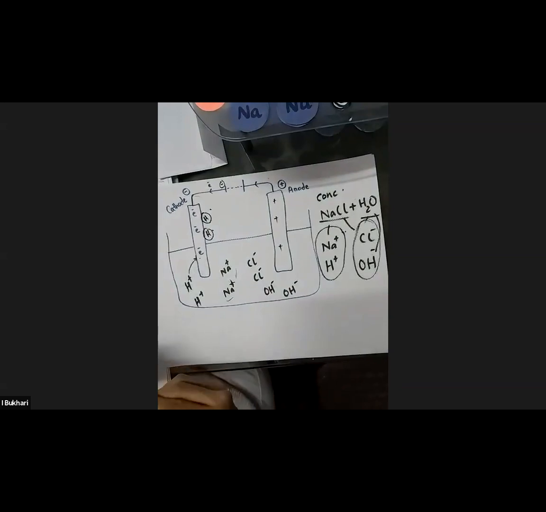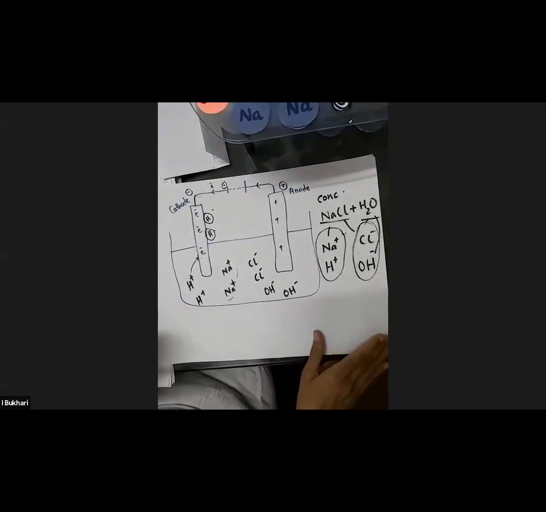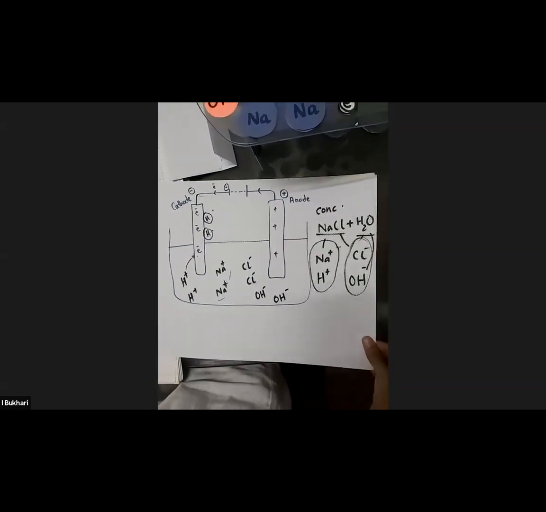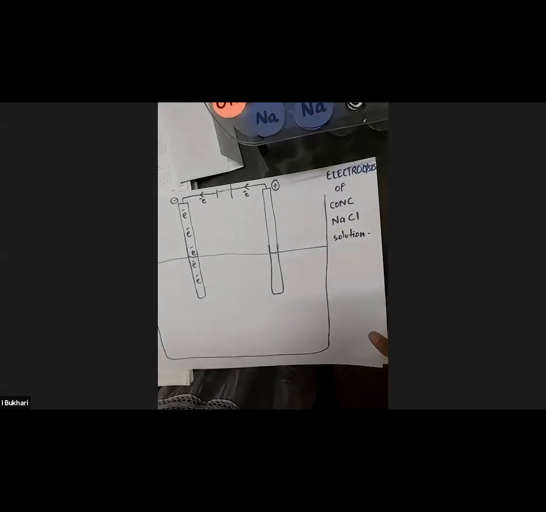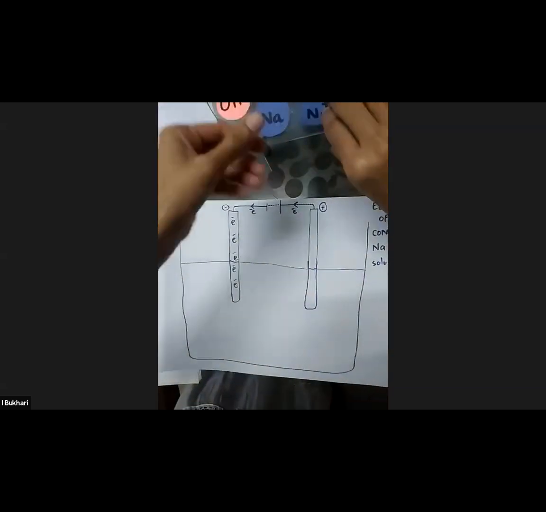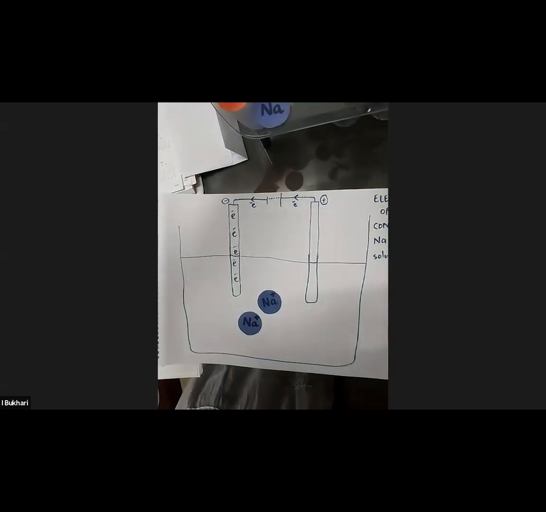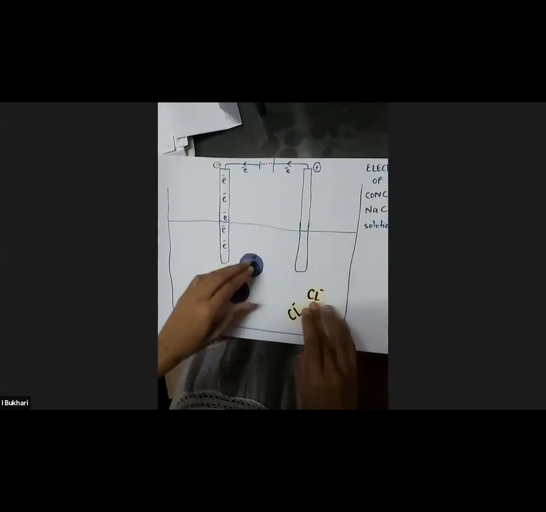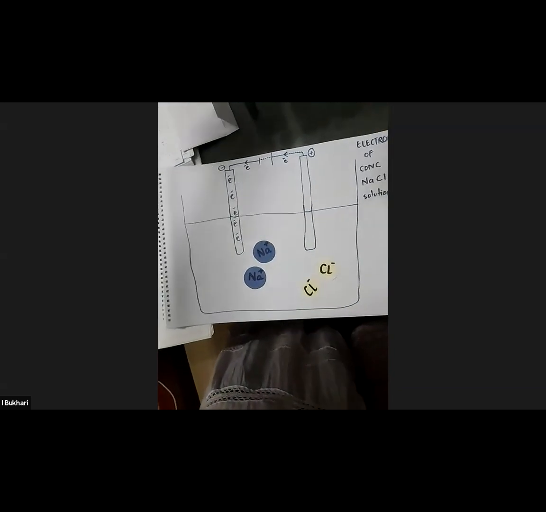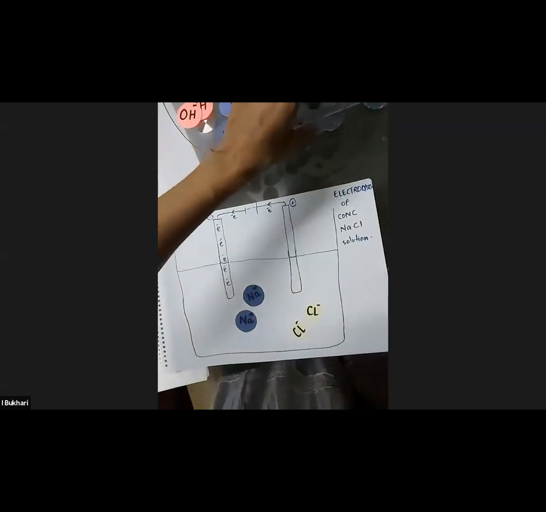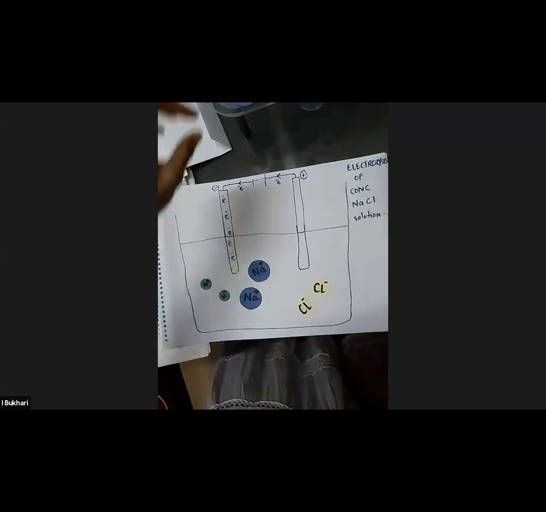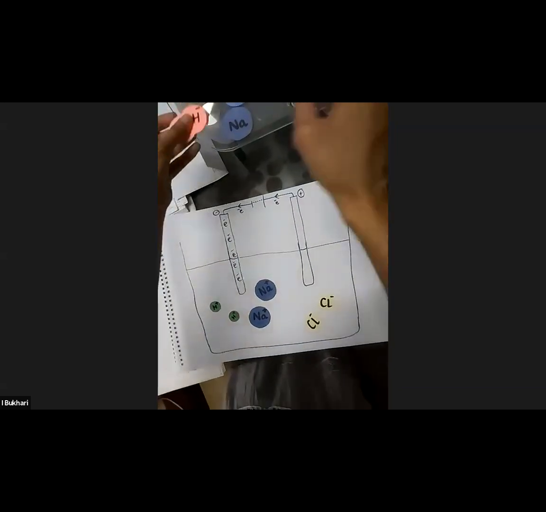Okay, let me show this to you in this form. This is better. I made these for you guys. These are sodium ions, chloride. Okay, what other ions do I have? Hydrogen ions, and then what other? Hydroxide.